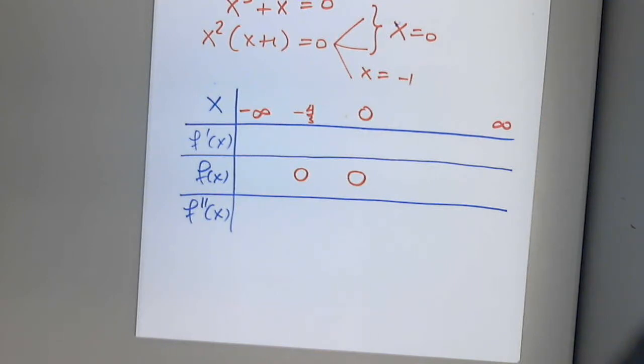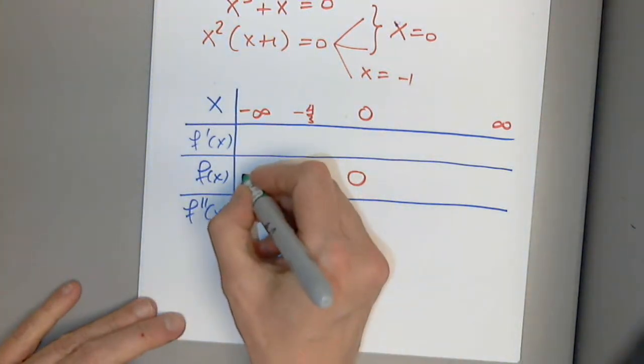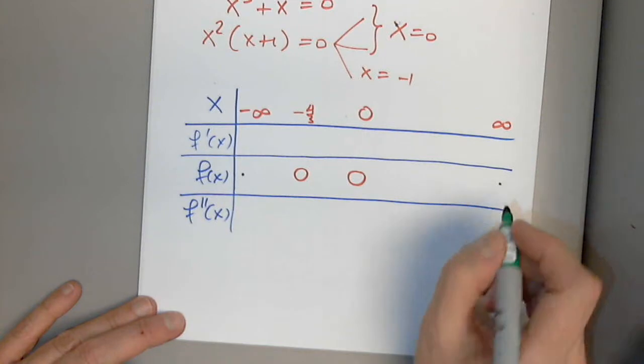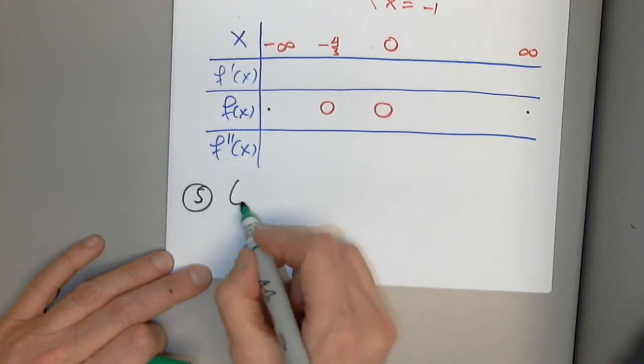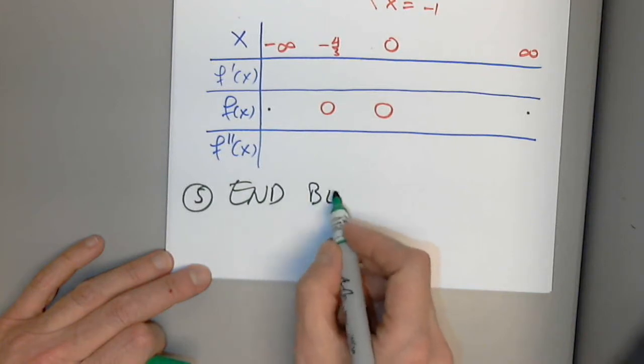I want one more thing about the function. I want something here and something here, which will be our fifth step, end behavior.